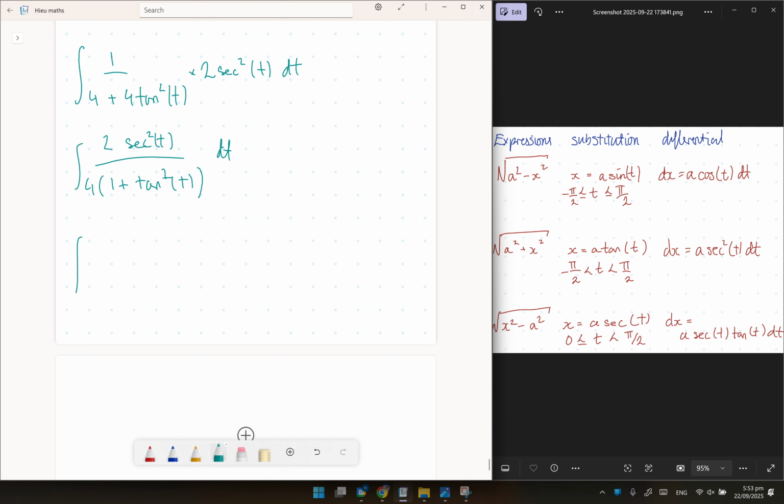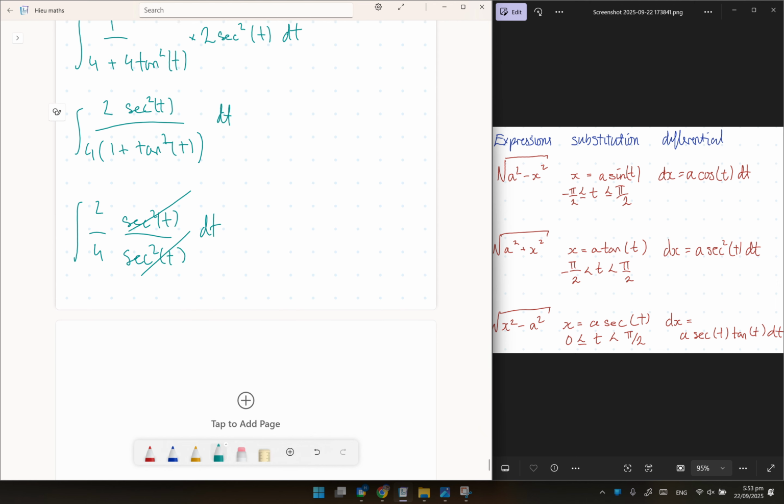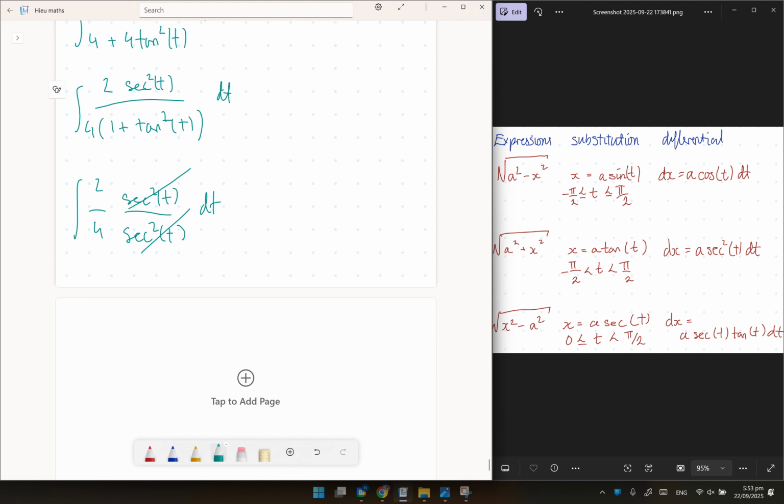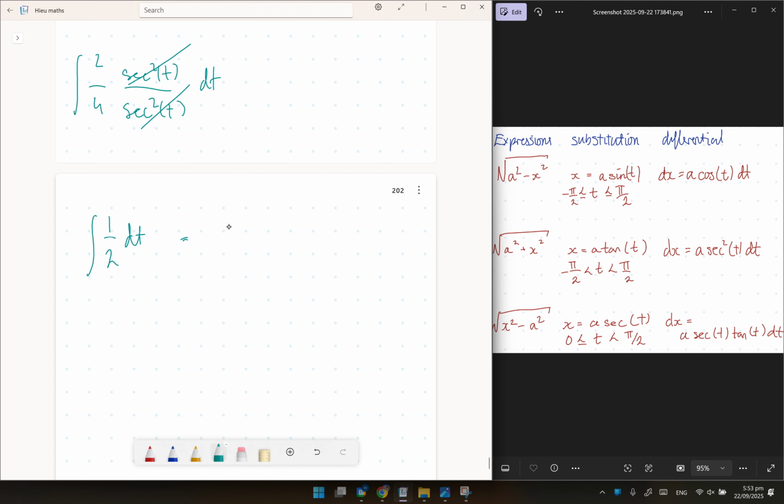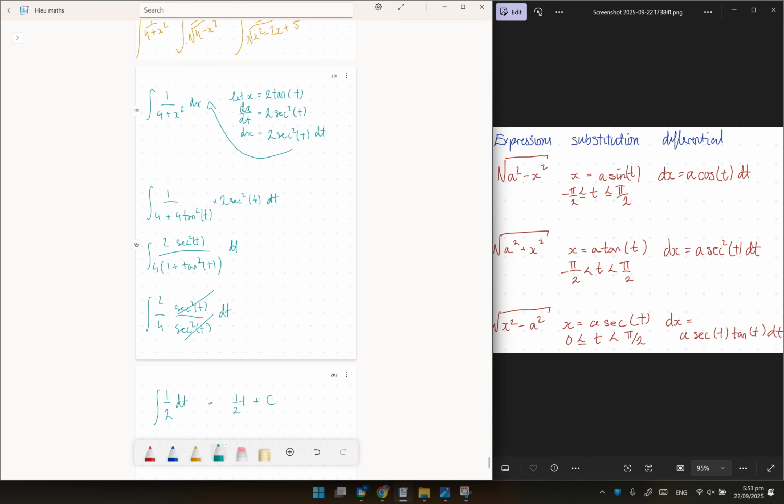So now we have sec squared t on top and bottom. These things cancel out. We have 2 over 4. So what we have left is the integration of 1/2 dt. And that's going to be equal to 1/2 t plus c. And all we have to do now is substitute t back into it.